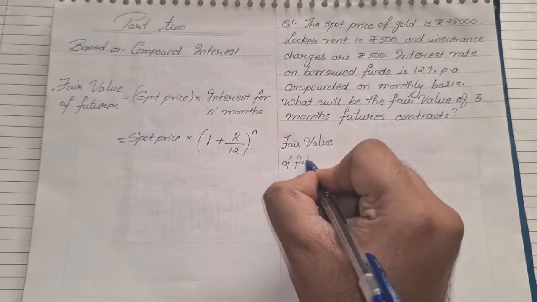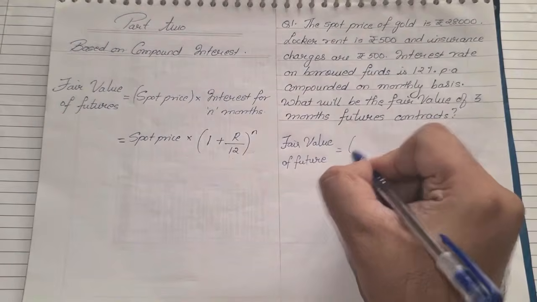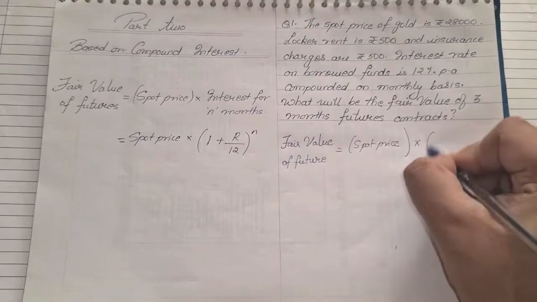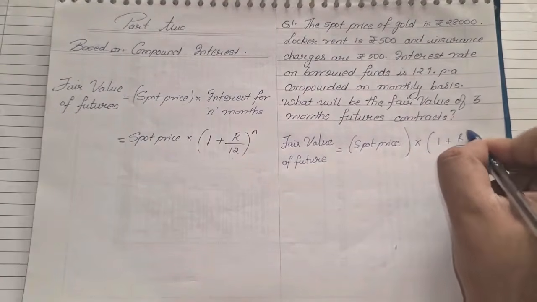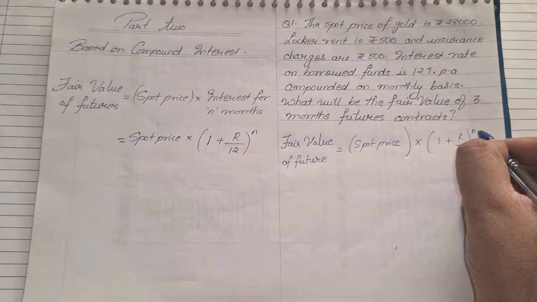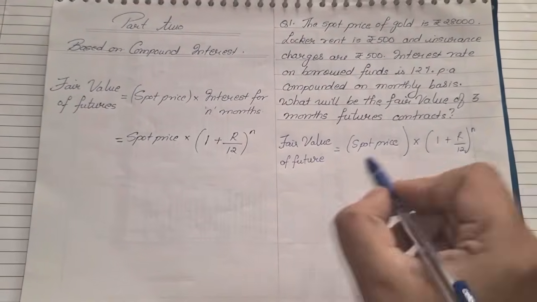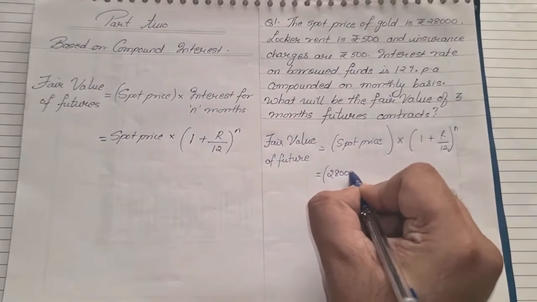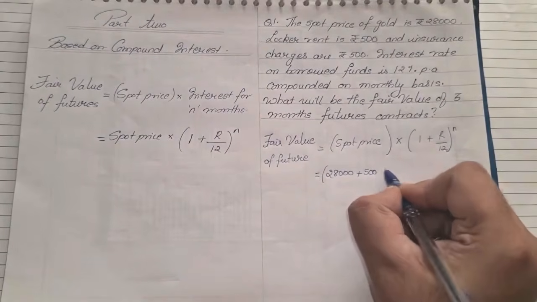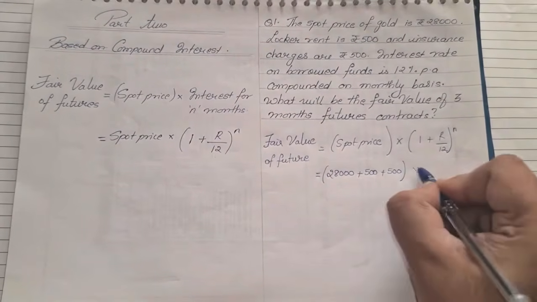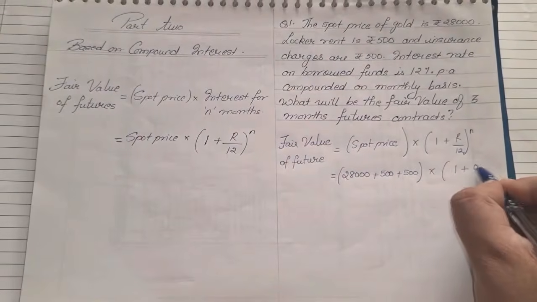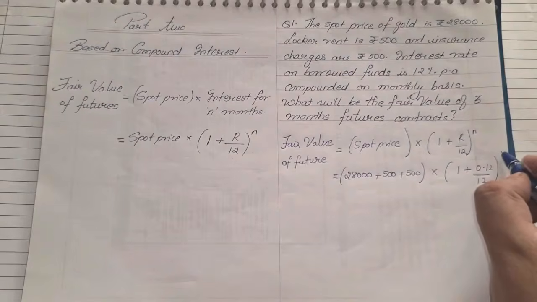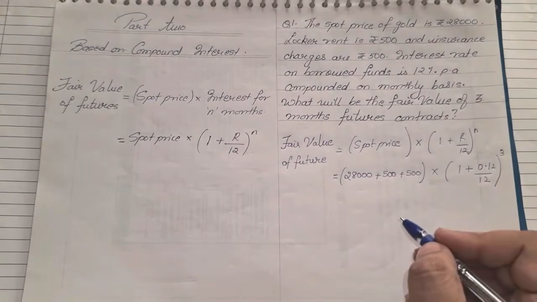of future, which is spot price into 1 plus r divided by 12 raised to the power of n. Now the spot price given here of the gold is rupees 28,000 plus the locker rent of 500 plus the insurance of 500 into 1 plus the rate was 12%, so 0.12 upon 12 raised to the power of n, that is for 3 months, so raised to the power of 3.